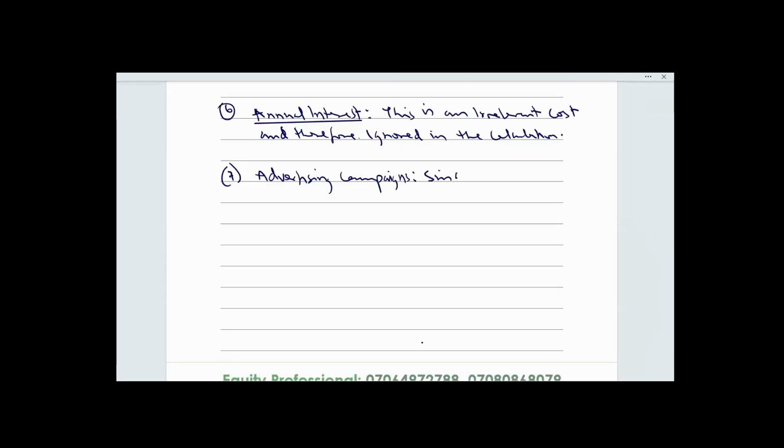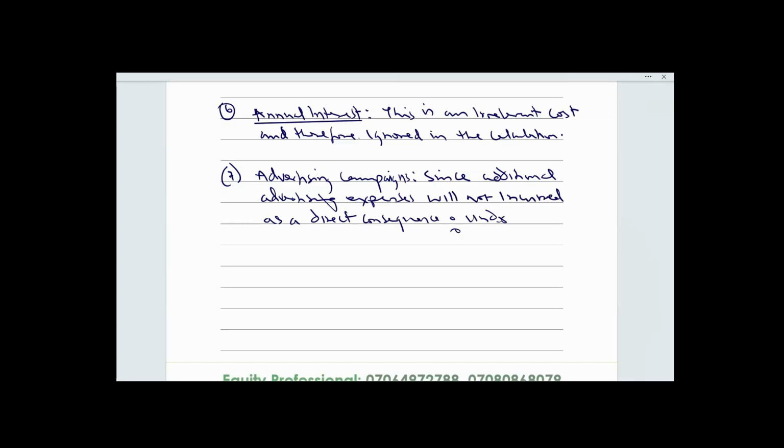So you can say since additional advertising expenses will not be incurred as a direct consequence of undertaking project VC4.